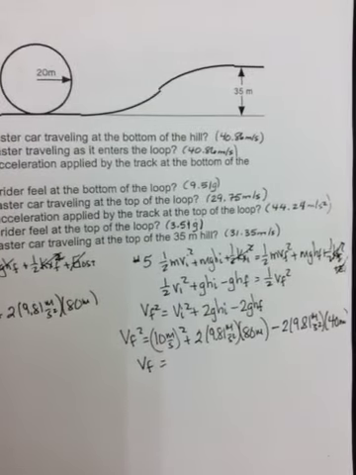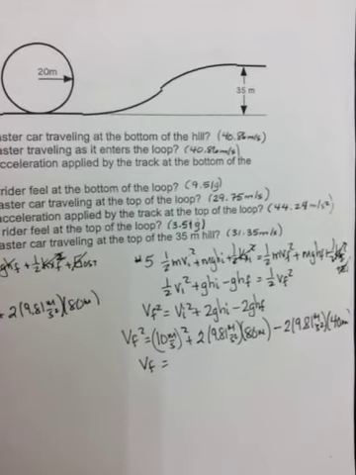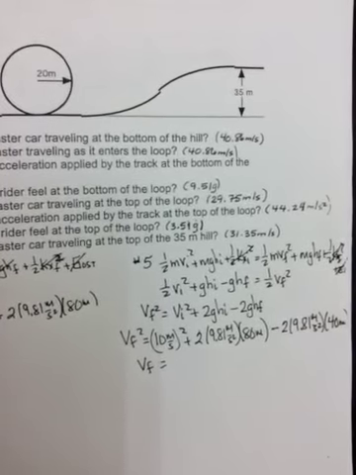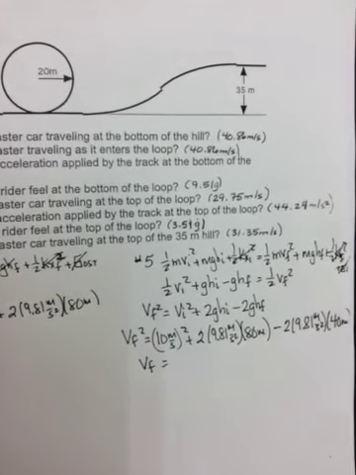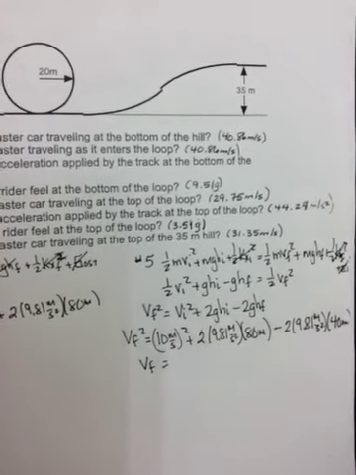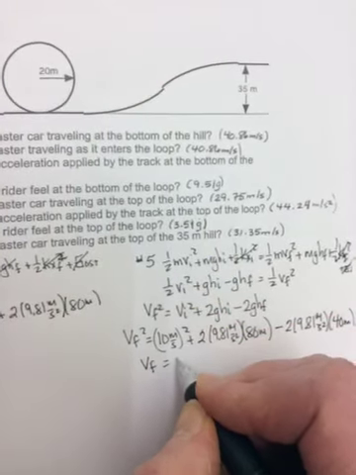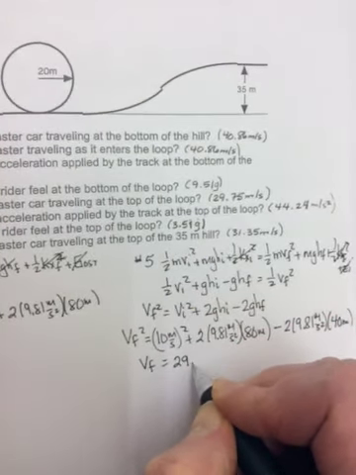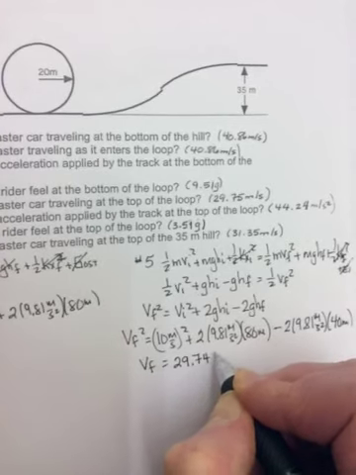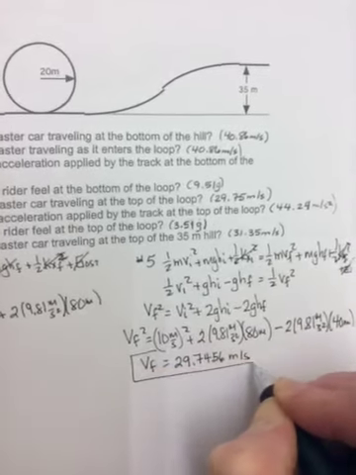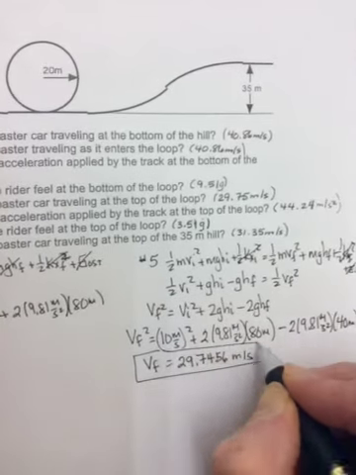So again, 100 plus 19.62 times 40. And then take the square root, and I believe you get 29.7455, etc. So 29.7456, really, meters per second, the speed at the top of the loop.